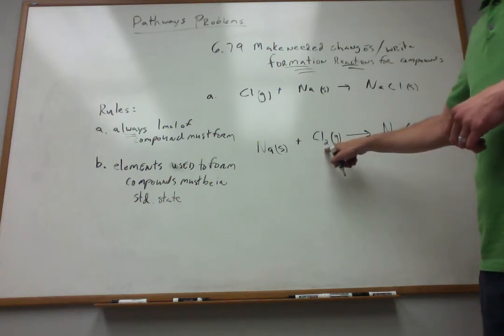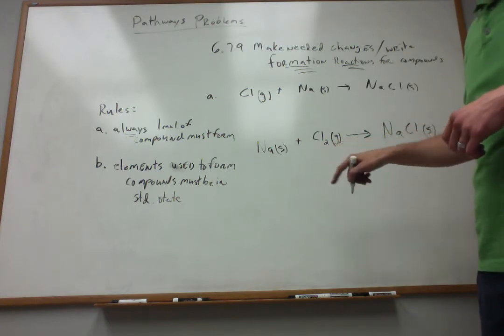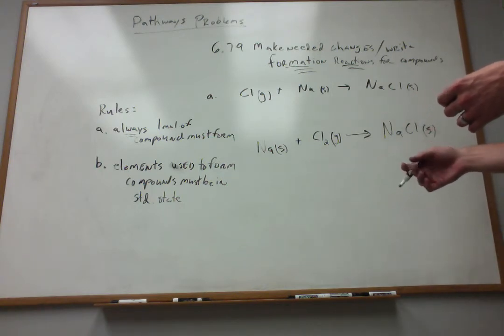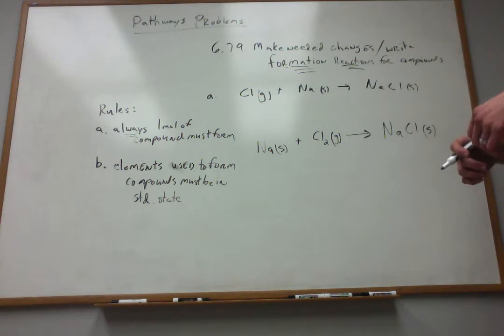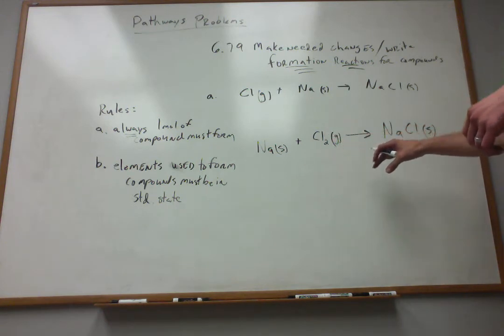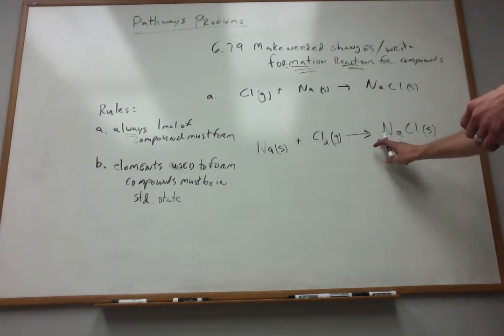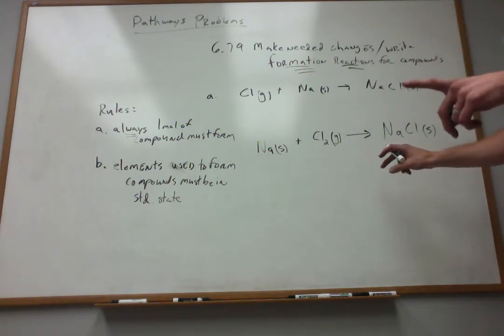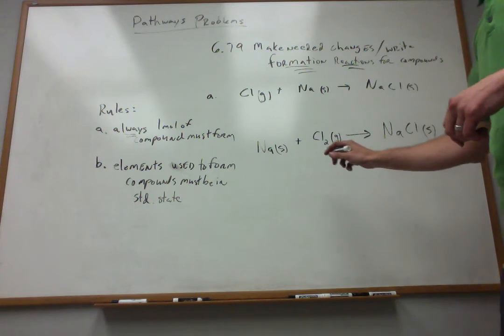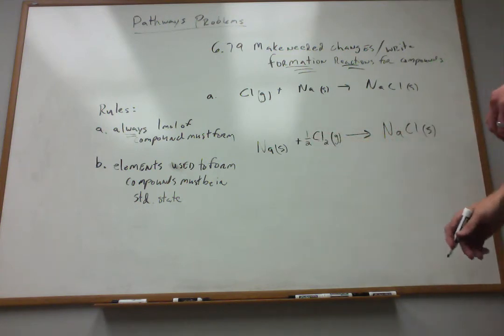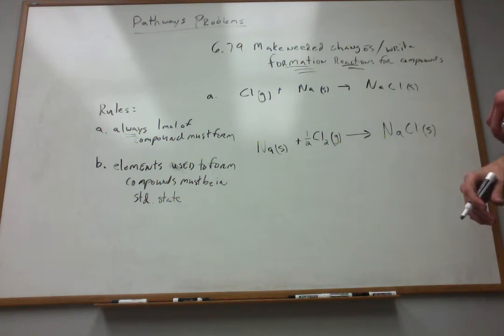But it's got to be Cl2, because that's its standard state. Now, if I do that, I have a little bit of a problem, because now I have 2 Cls here and only 1 here. And to further complicate matters, I can't change this number. I need to make 1 mole of my product. But I can easily just make this a 1/2. And that's my formation reaction for sodium chloride.